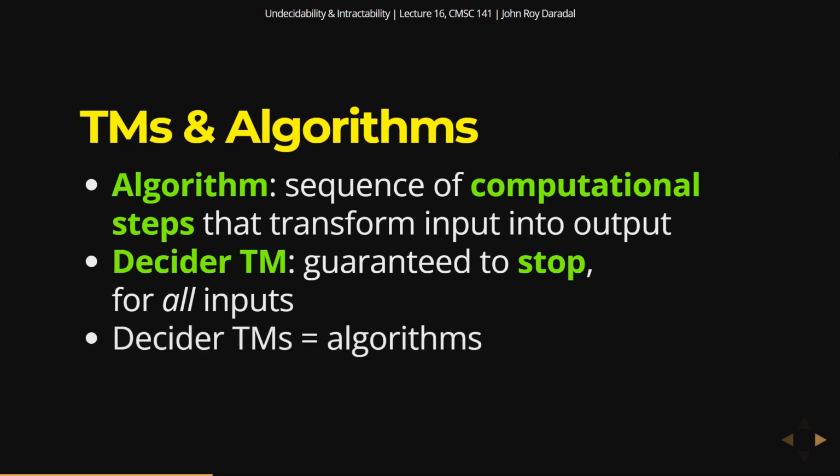So you can think of a decider Turing machine as an algorithm. So if the problem has a decider Turing machine to solve that problem, then you can think of that problem having an algorithm that can be used to solve the problem. Okay, so you can just think of the decider Turing machine and the algorithm as synonymous.